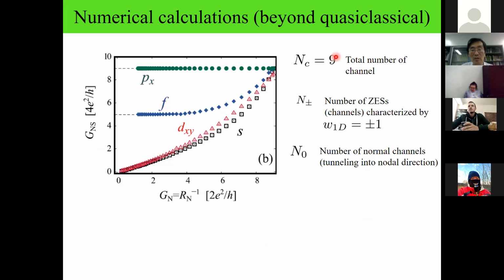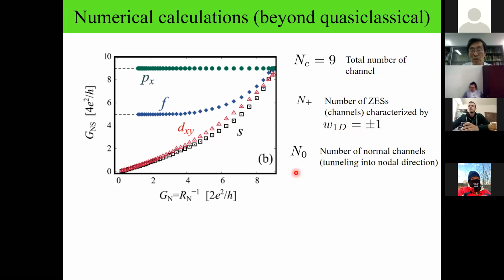They fixed the total number of channels equal to 9, and n plus and minus are the numbers of channels of zero energy states, which are characterized by the winding number.